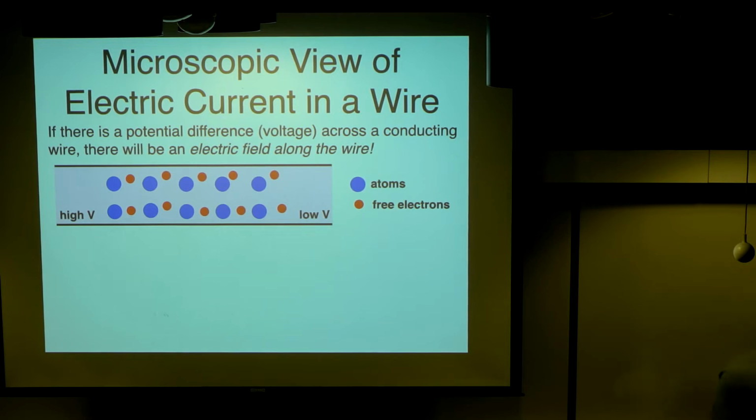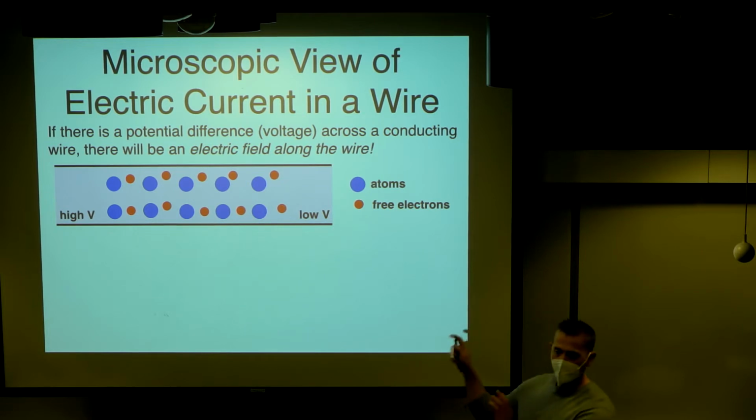Okay? So, normally, in a circumstance where there's no moving charge, there's no electric current, we would say the E field inside of this conducting material is 0. But that's not the case here. We're imagining that there is electric current, there are moving charges, so the E field inside the wire is not actually 0.